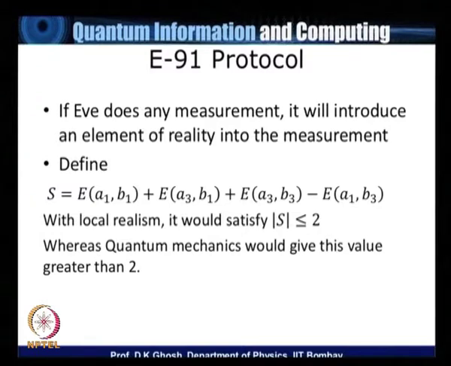We define a quantity S as is shown here in the slide, where E stands for expectation value that each one has measured, using those axes. We have seen that if you had a local realism, the modulus of these expectation values would satisfy what we called the CHSH inequality, and it should have been less than or equal to 2.